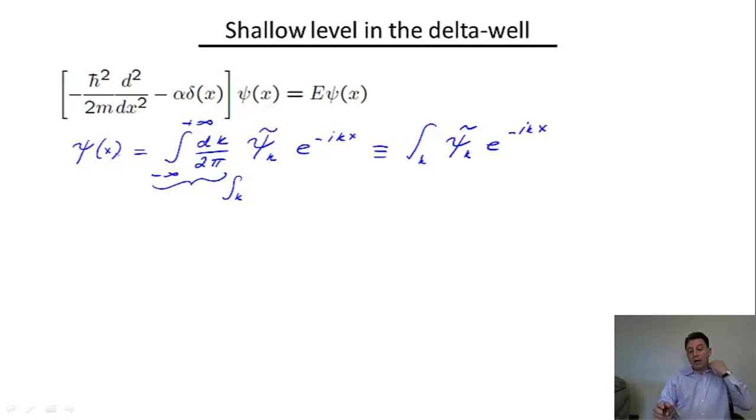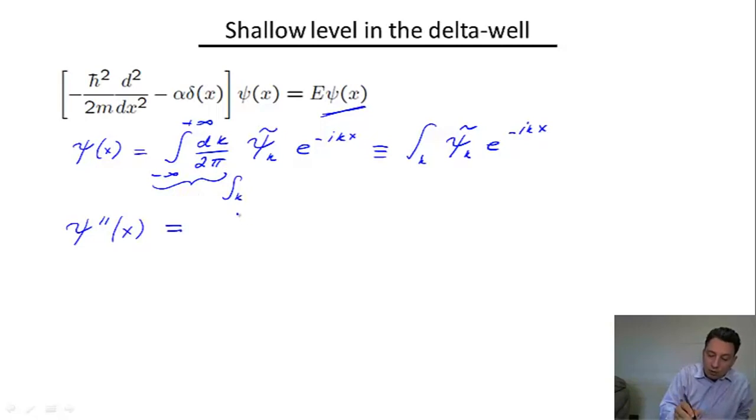So there are three types of terms that appear in this equation. The wave function itself appears in the right-hand side multiplied by the energy. In the left-hand side, though, we have, for instance, this term, which is psi double prime, the second derivative of the wave function. If we differentiate this Fourier transform twice over the coordinate, the derivative of the exponential is the exponential itself, but we're going to pull out this minus ik squared.